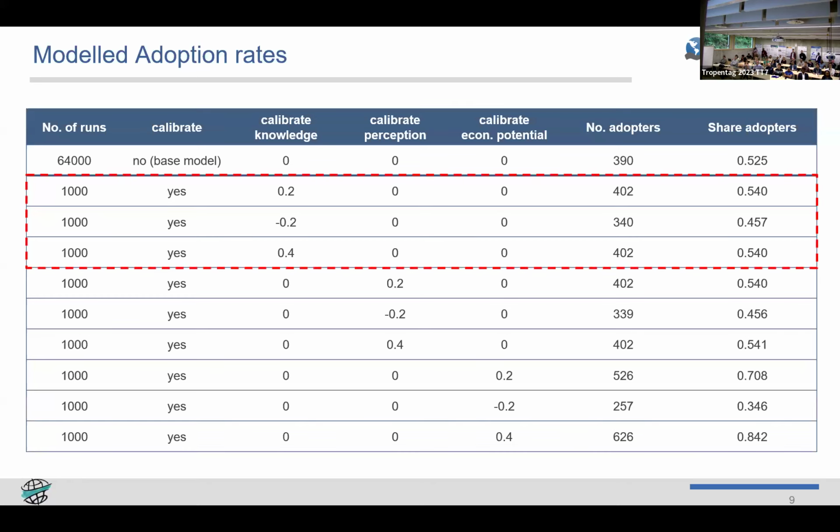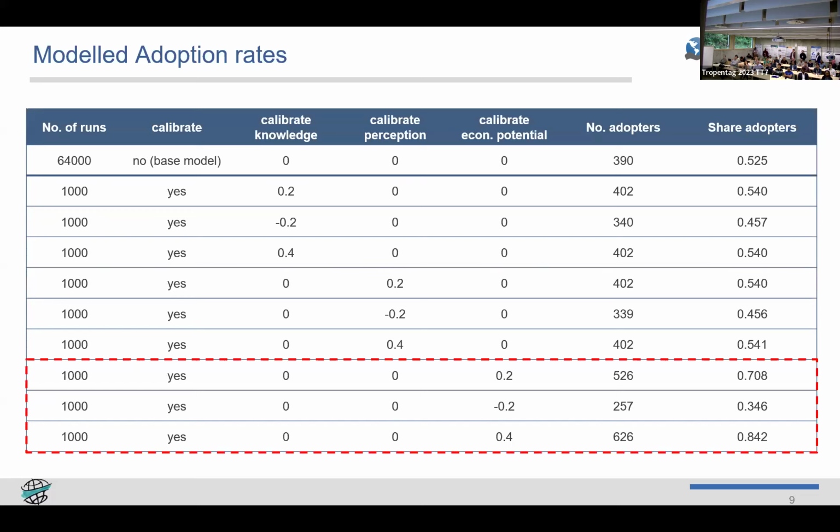For the knowledge, we can see that it's still quite similar to our base model. So it doesn't change that much. Also for the perception, it's very similar to the base model. And for the economic potential, we can see big changes compared to our base model. So there's a big influence here.